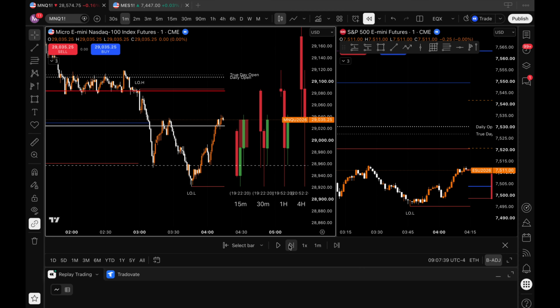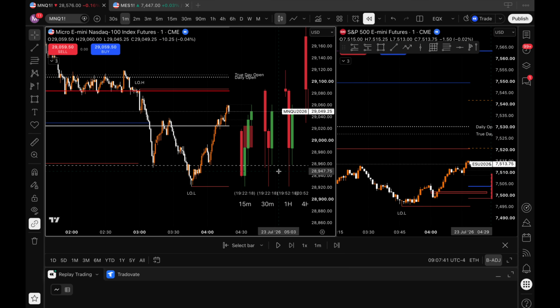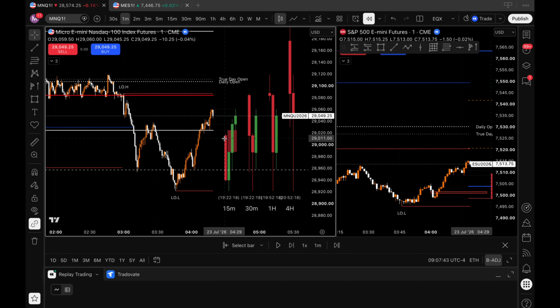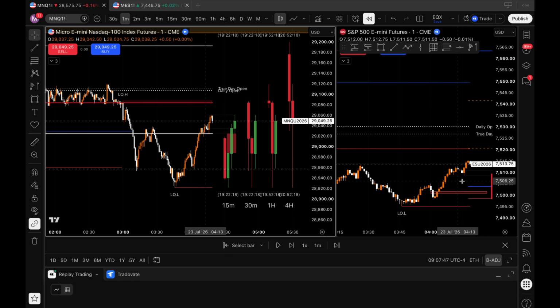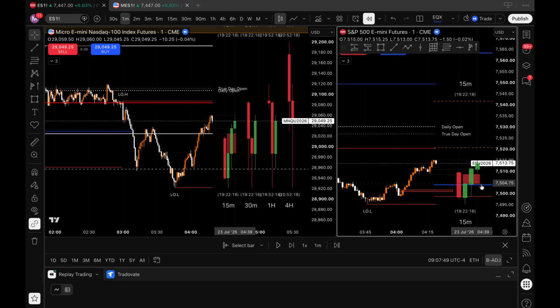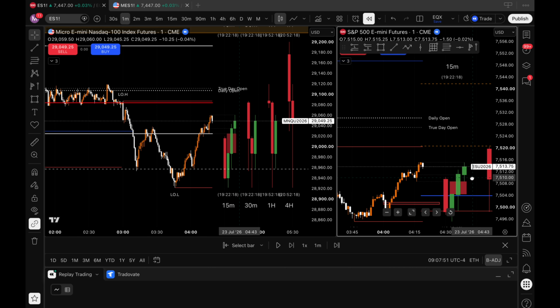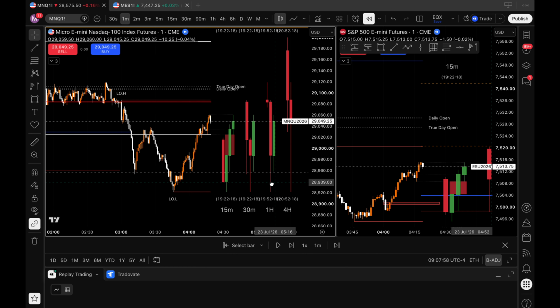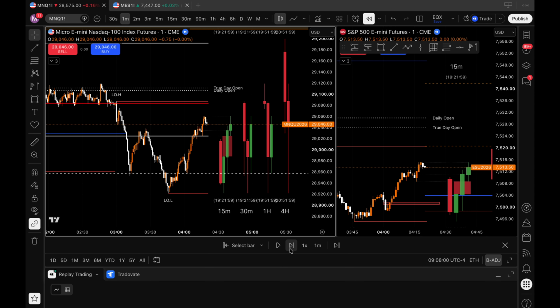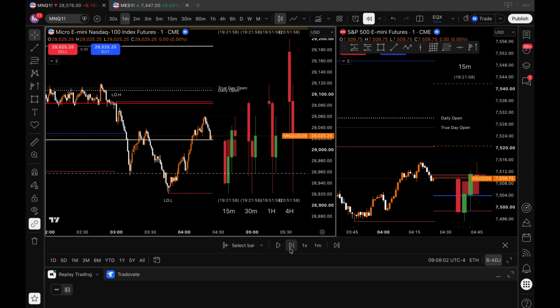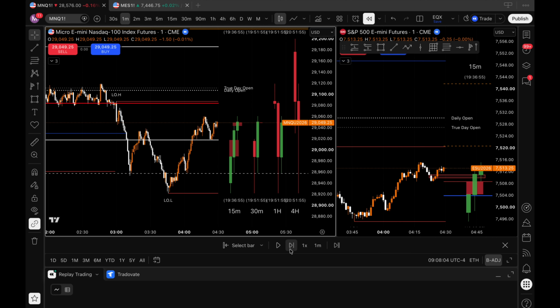Okay, so then moving forward, we do start getting this 50-minute gap, and now what I'm looking for is for either ES or NQ to enter this gap, get a reaction from this gap, and then trade to the upside. Okay, so we continue. We haven't closed yet, and now we close.